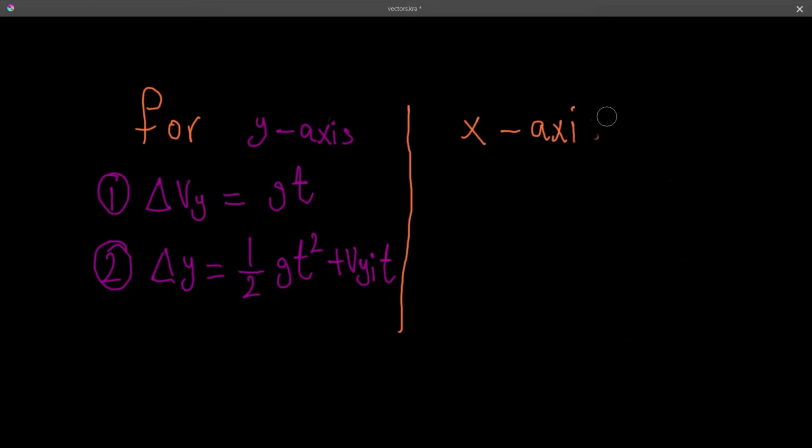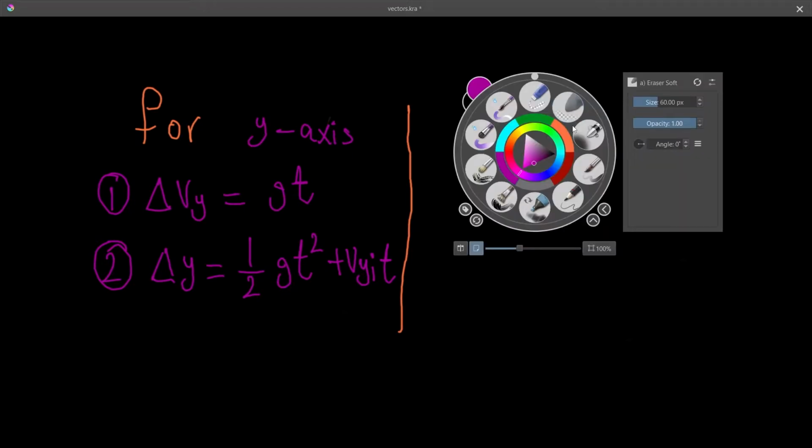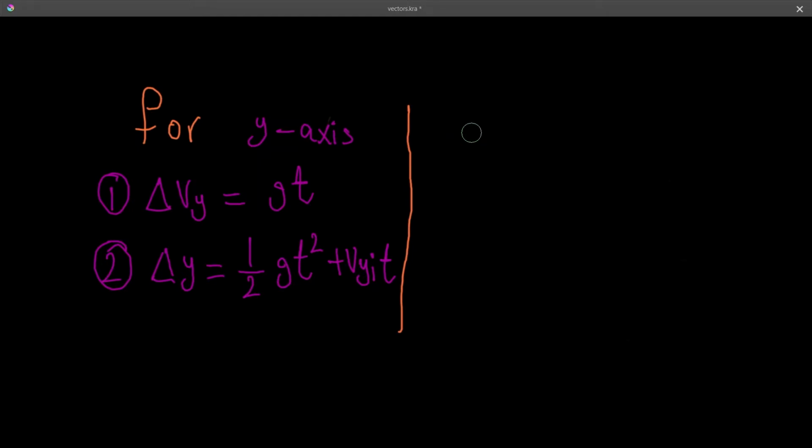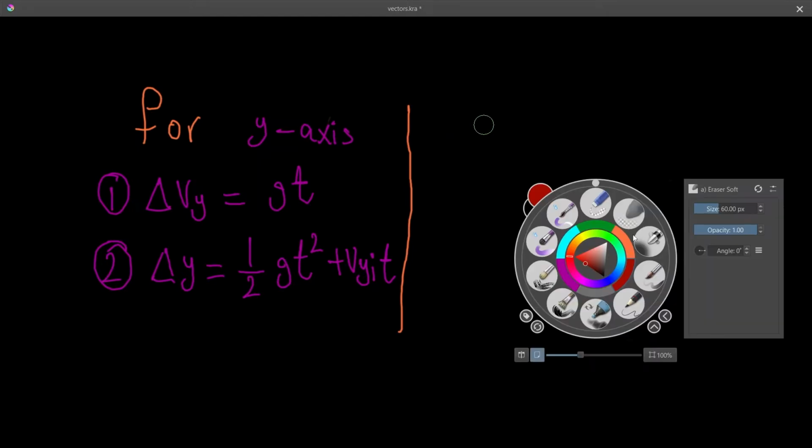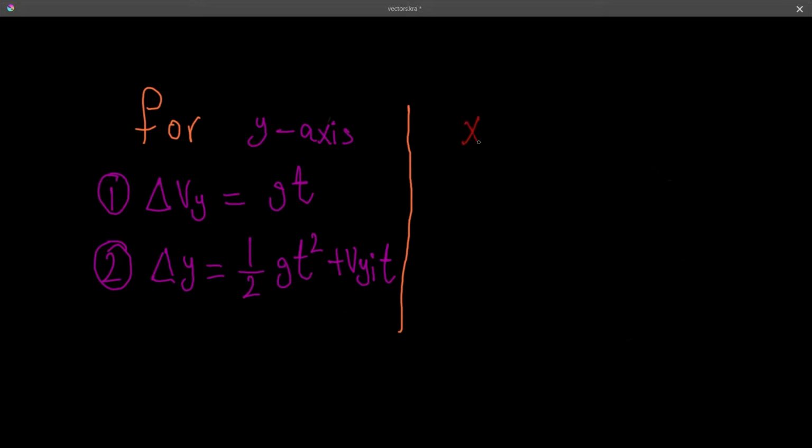Now for the x-axis, some useful formulas there would be, so x-axis would be the change in x, or the range, right? Displacement is equivalent to Vx times t. This is a really important formula.